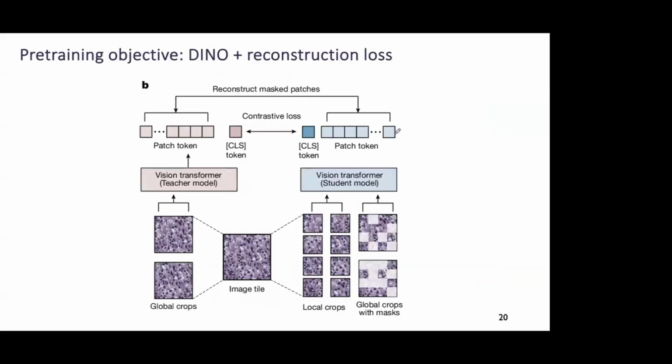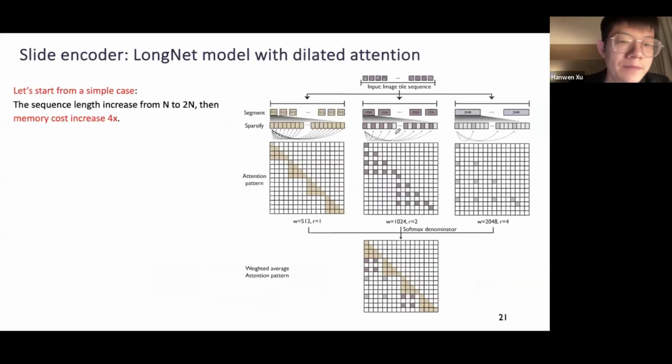Great, thank you. Okay, cool. For the LongNet model, I'll be talking about dilated attention. We think it's a pretty beautiful algorithm for canceling out the quadratic memory growth associated with the traditional vision transformer. Let's start with a very simple case.